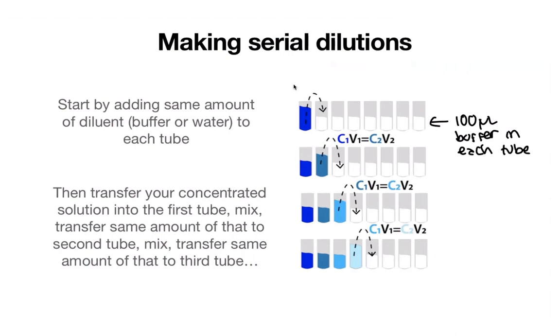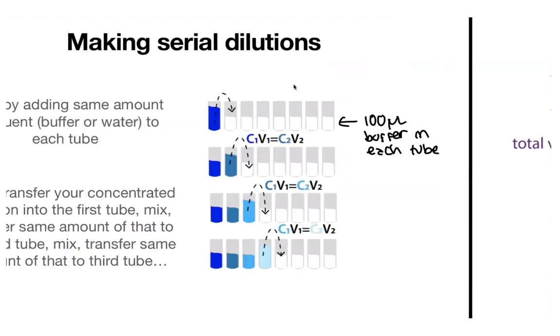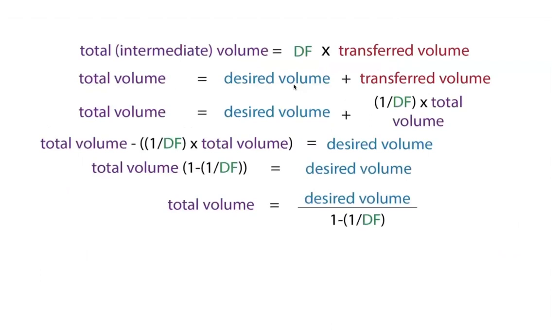Okay, now how much are we going to have to transfer each time? We can do a little more math, and there are a couple ways we can do things. We can go ahead and find that total volume. And what we'll find is that total volume equals our desired volume divided by 1 minus 1 over the dilution factor.